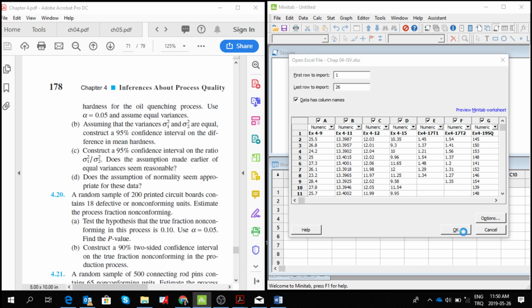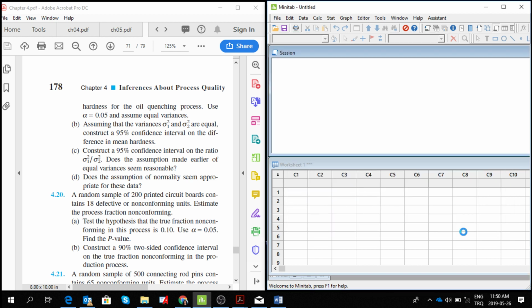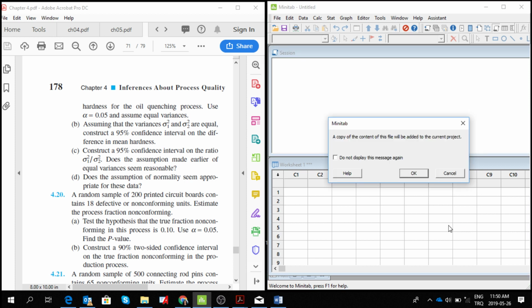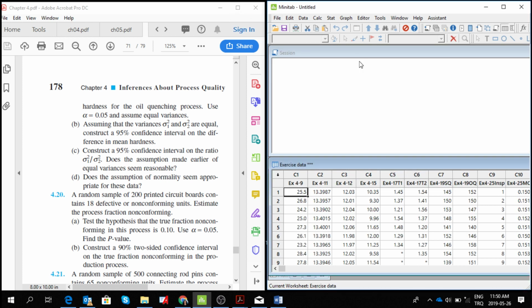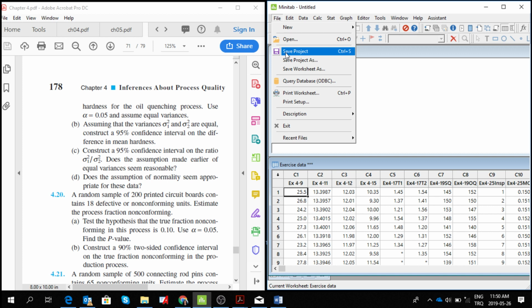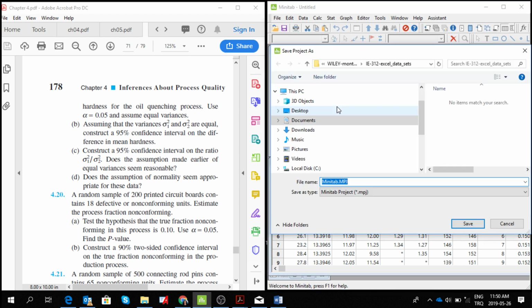We click OK. And a copy of the content of this file will be added to the current project. We say OK. Okay, so save project as chapter 4, final questions. Okay, this is our project.